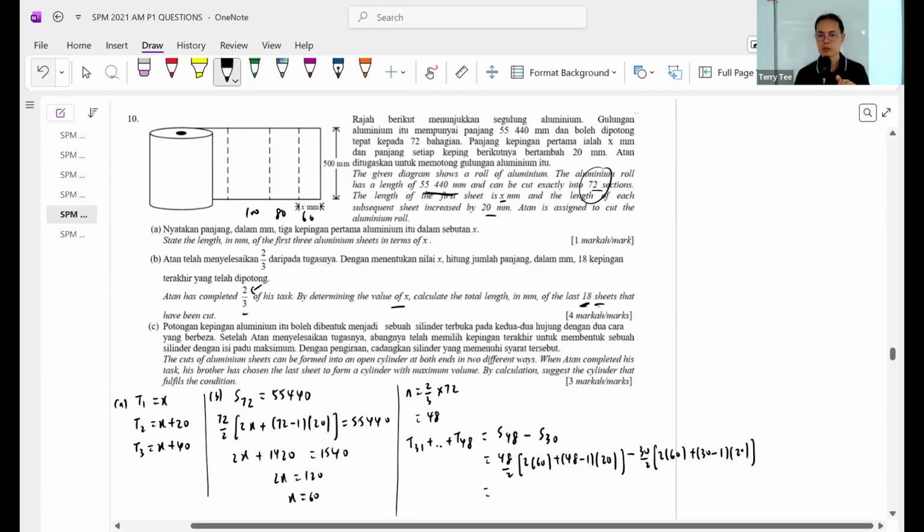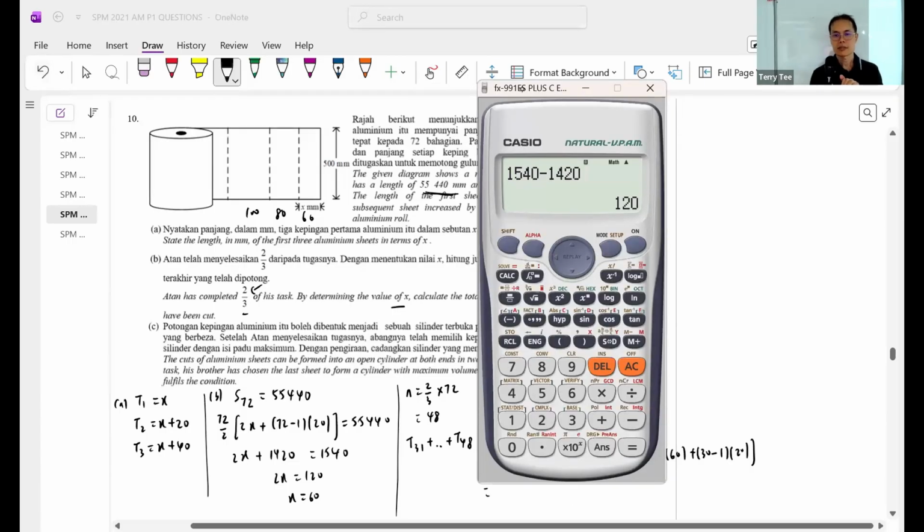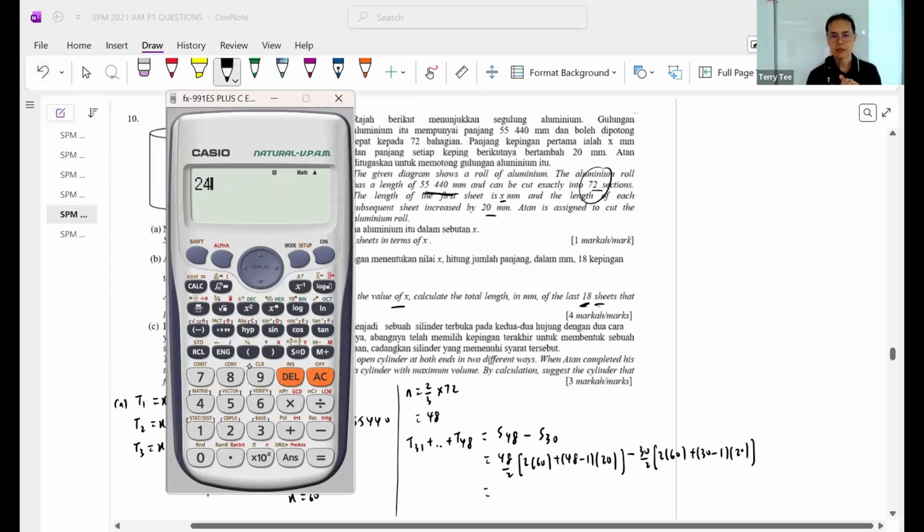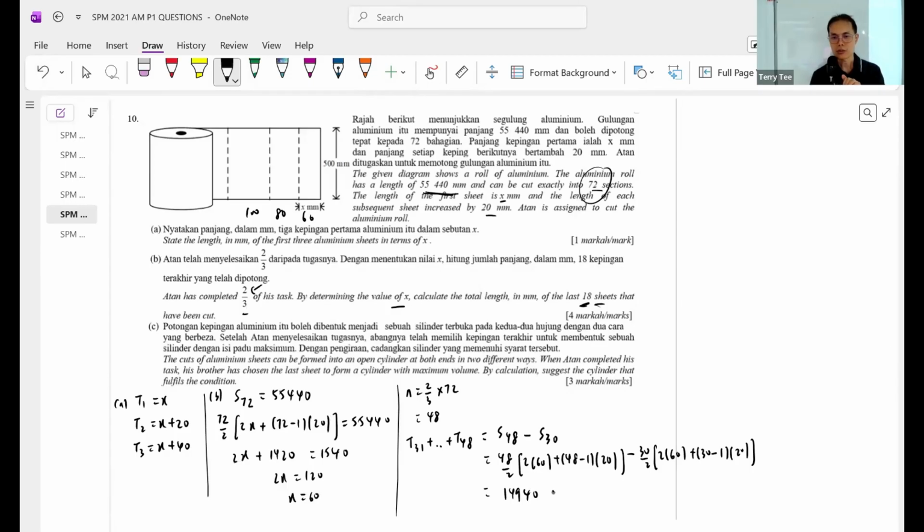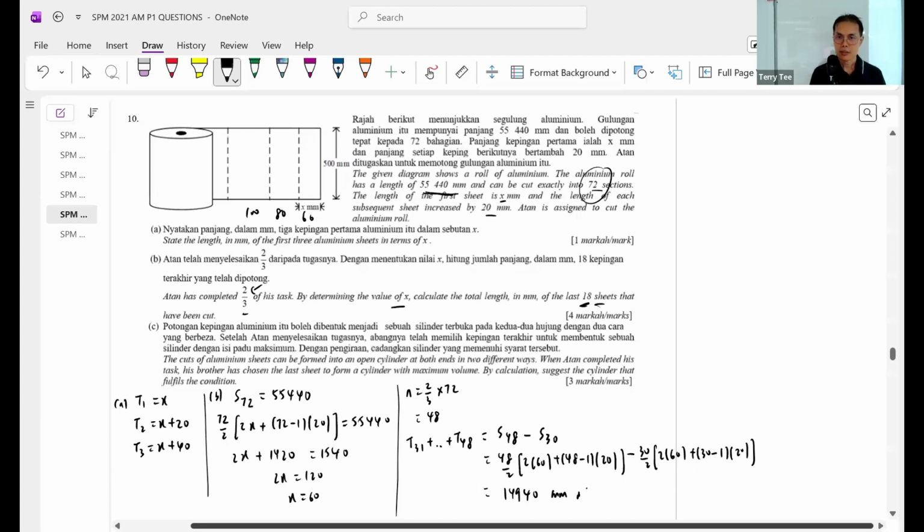Okay, so let's count. 48 divided by 2 is 24, times 120 plus 47 times 20. This is the first one. Then you minus 30 divided by 2 is 15, times 120 plus 29 times 20. Answer is 14940. So that is the total length of aluminium sheet that he has cut, the last 18 pieces.